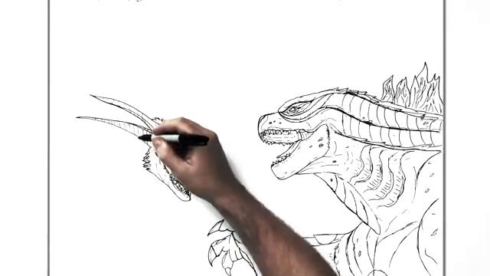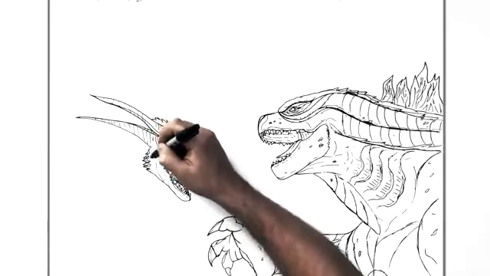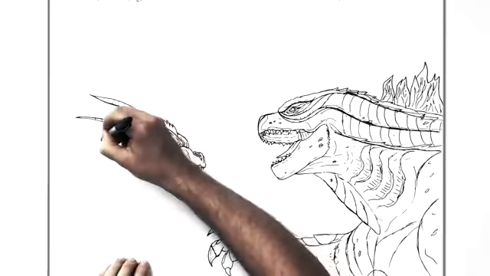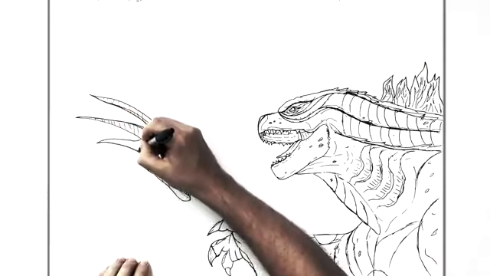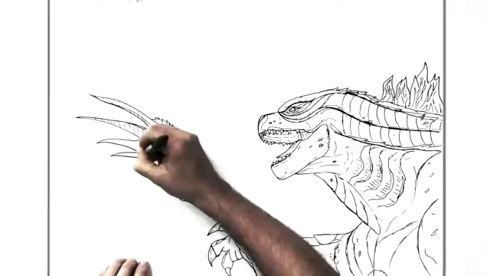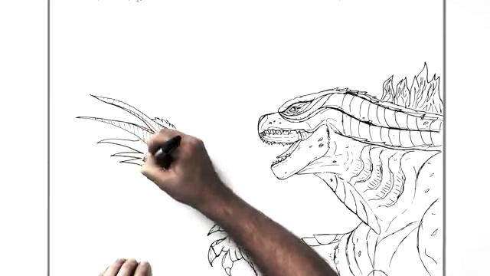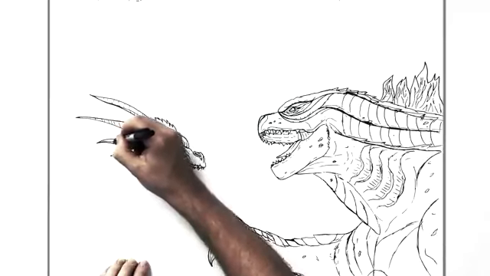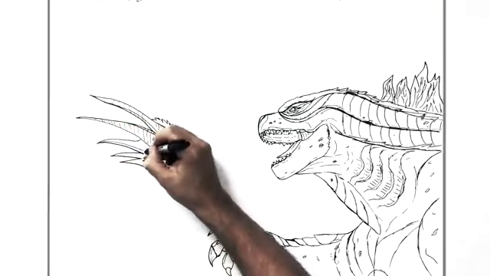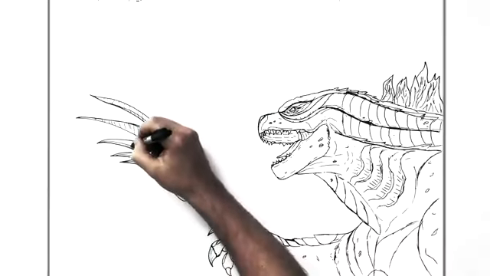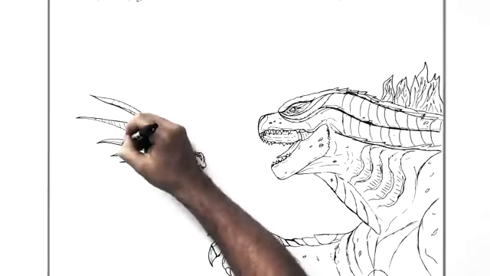And then another one coming out from his head here. Here, and then another one here. Then the smallest one here. And if you want to make them look kind of 3D, you can add a line running down like this, and then add texture lines like so.